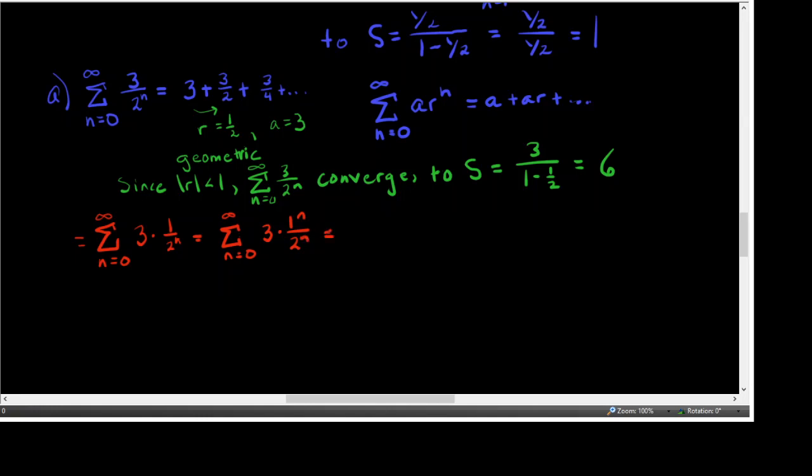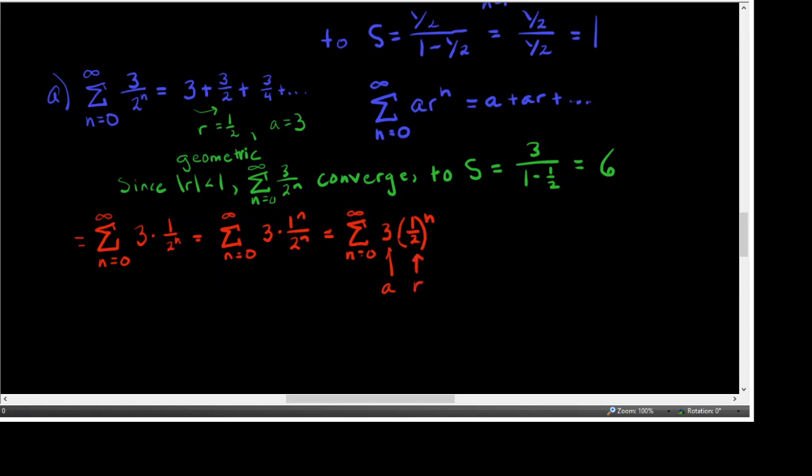And because of the property of powers on ratios, or on quotients, on division problems, in reverse, I can think of that as the fraction 1/2 raised to the nth.